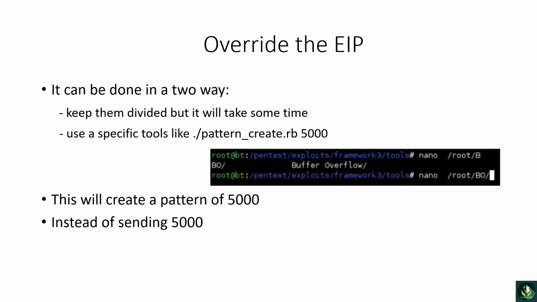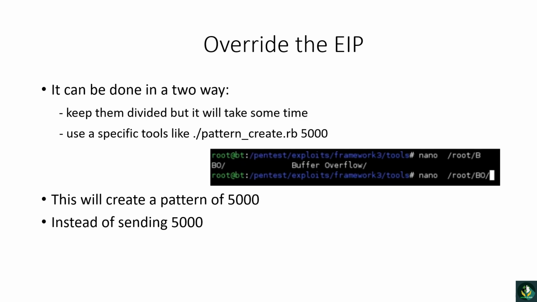And if the EIP has been overwritten by B, for instance, that means the 4 characters are in that group, the second 1000. But I think this will take some time. Actually, it will take more than 8 or 9 tries.